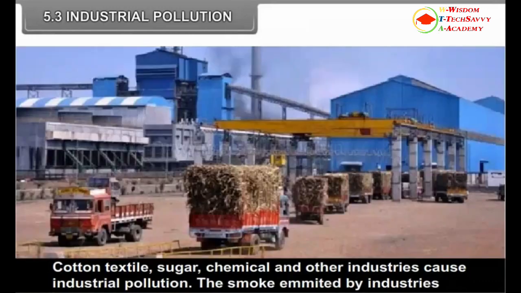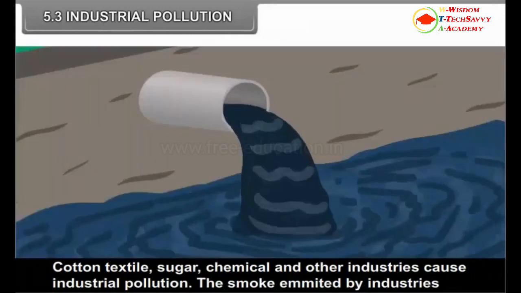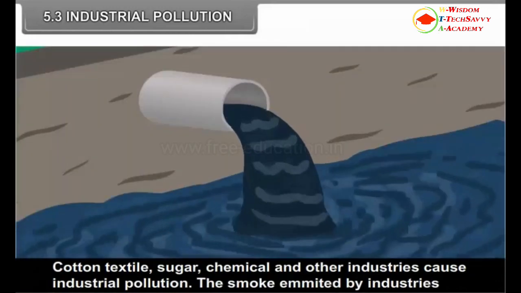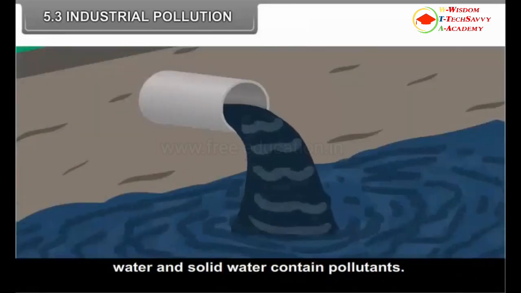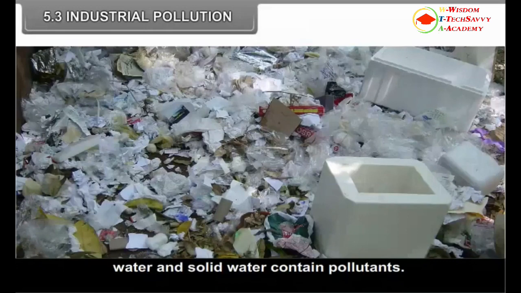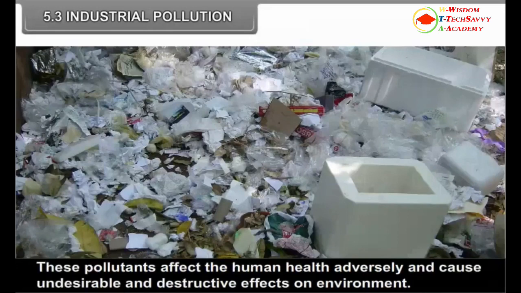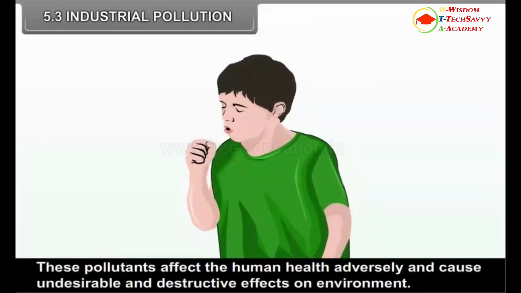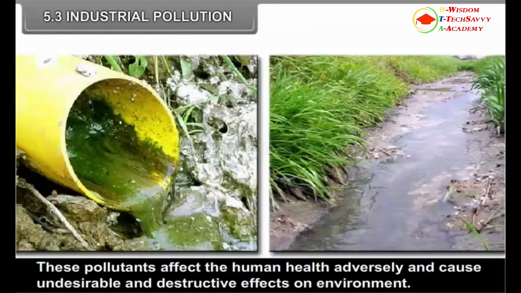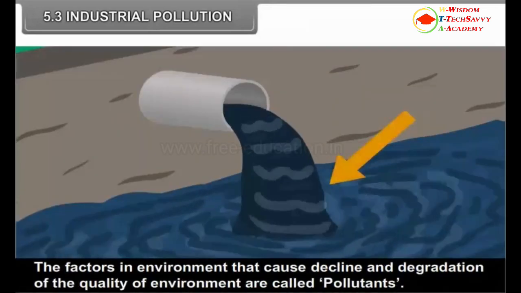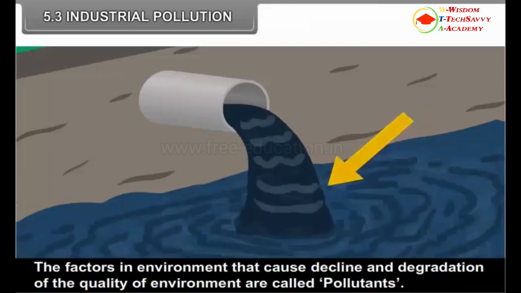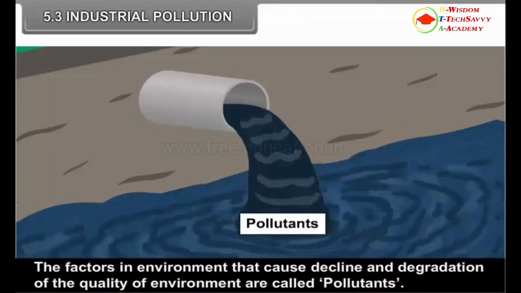Cotton textile, sugar, chemical and other industries cause industrial pollution. The smoke emitted by industries, water and solid waste contain pollutants. These pollutants affect human health adversely and cause undesirable and destructive effects on the environment. The factors in environment that cause decline and degradation of the quality of environment are called pollutants.